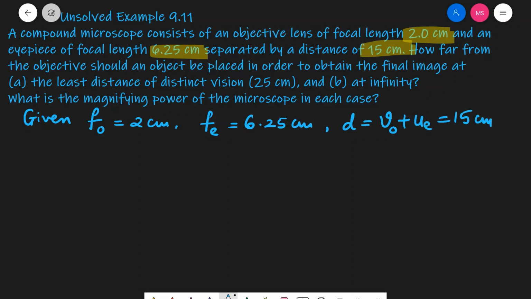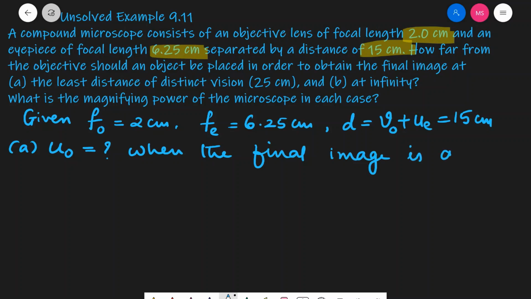Now case 1: we have to find the object distance when the final image is at the near point.